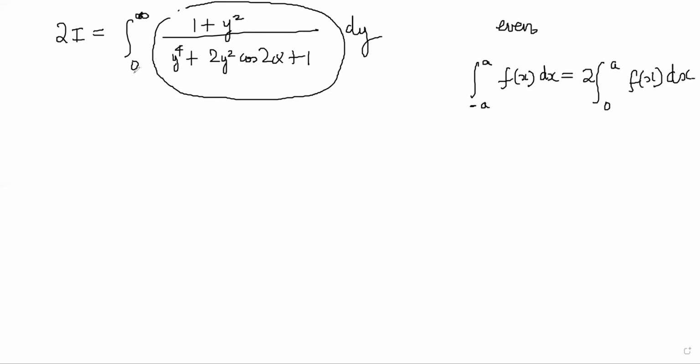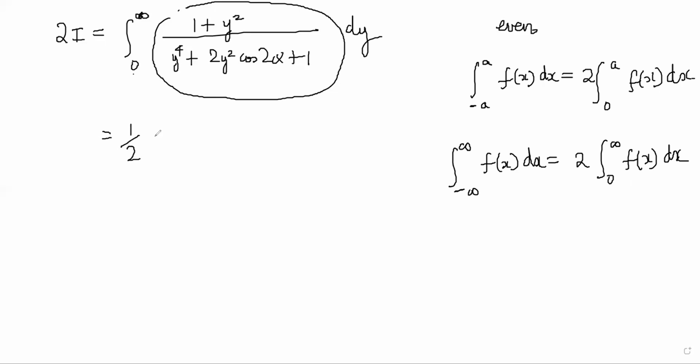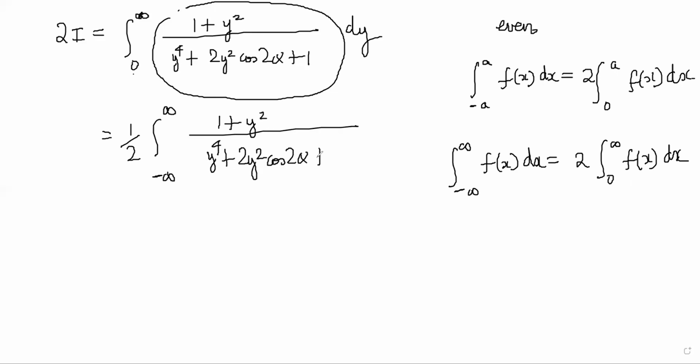So right now you have 0 to infinity 2 times f(x) dx, which, when it is an even function, should be equal to minus infinity to infinity f(x) dx, right? Correct. So this part is basically half of the integral from minus infinity to infinity of (1 plus y square) by (y power 4 plus 2y square cos 2 alpha plus 1) dy, right?